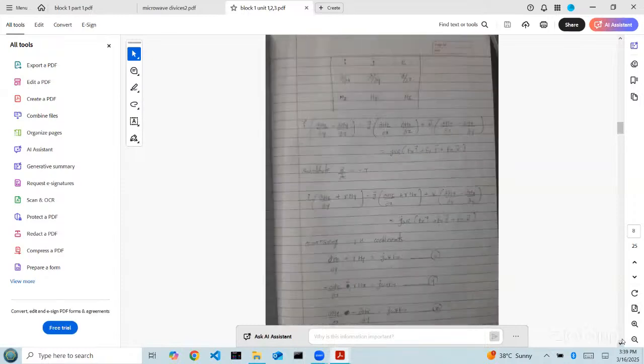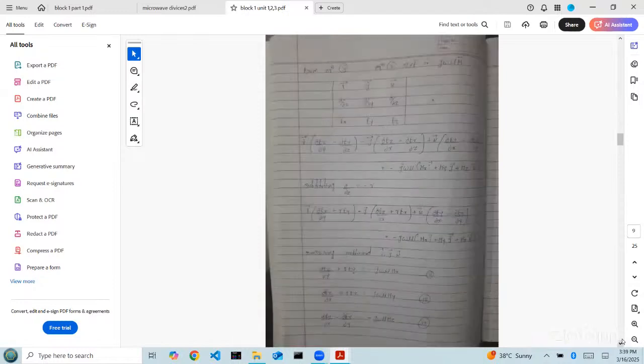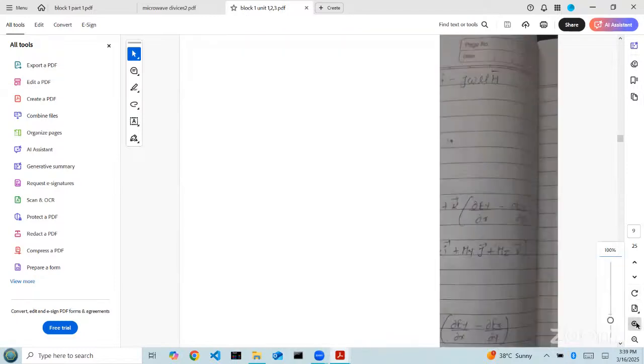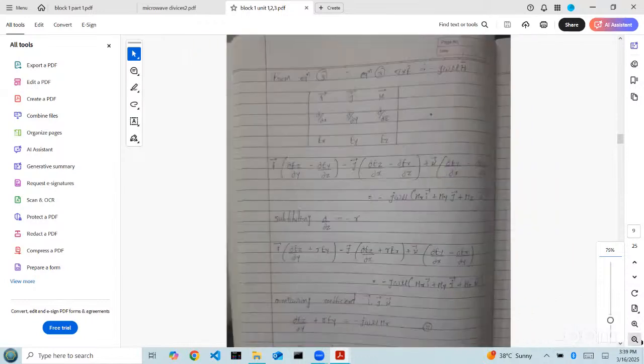Del cross H is completed, is it? Del cross E, check del cross E from this. Zoom this. Check i, j, k, ∂/∂x, ∂/∂y, ∂/∂z, Ex, Ey, Ez. i times cross multiplication, j times, k times, we got.